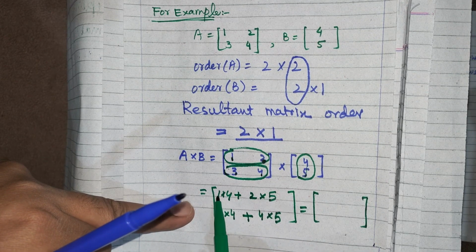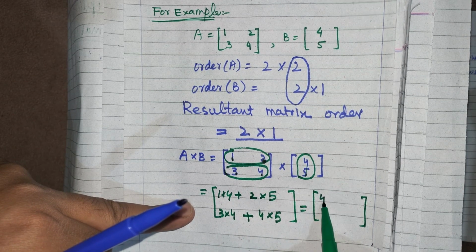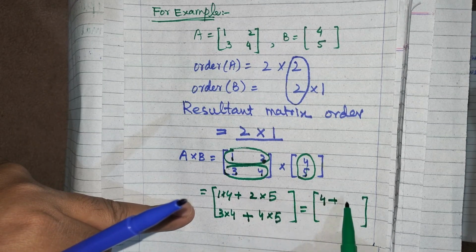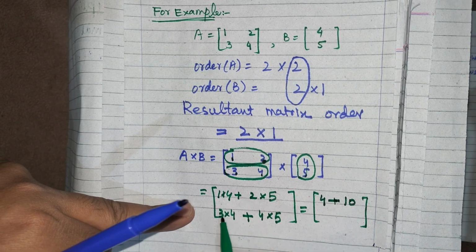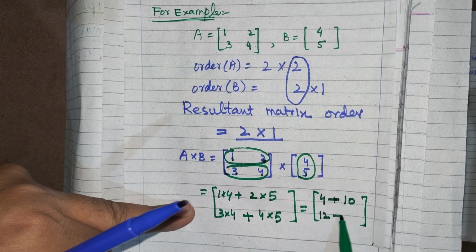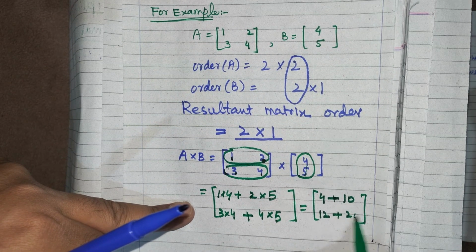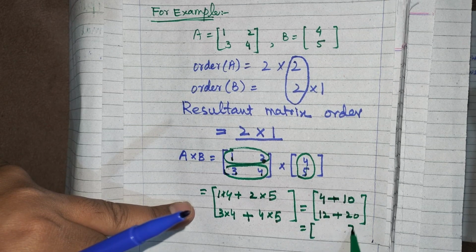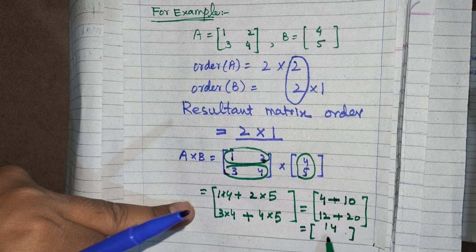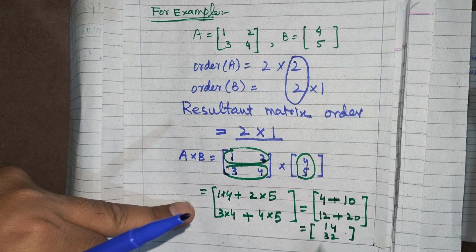The result will be: 1 multiplied by 4 equals 4, plus 2 multiplied by 5, we get 10. Similarly, 12 plus 4 multiplied by 5 will be equal to 20, and we will get 14 and 32.